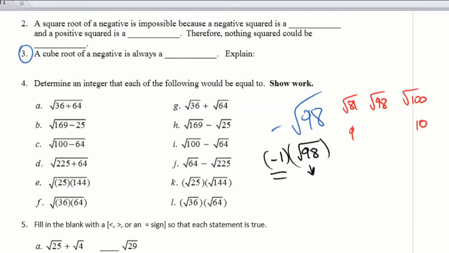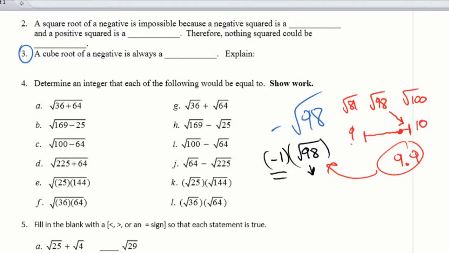I would say 98 is probably closer to the 10 end of my spectrum. So if I had to pick a number on the number line between 9 and 10, I'd say it's probably really close to the 10. So maybe like a 9.9. So now I've estimated it. I'm going to put it back into this.